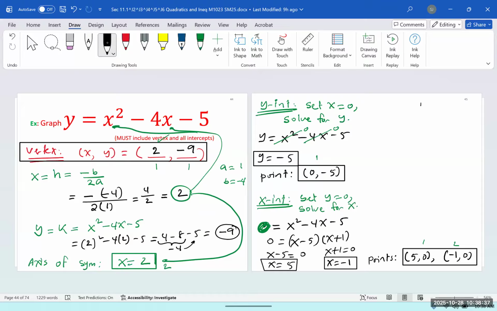Okay, we have all the information. That means now we can graph. It's too easy. Okay, so we have vertex (2, -9). So 1, 2, and let's say this is -9.